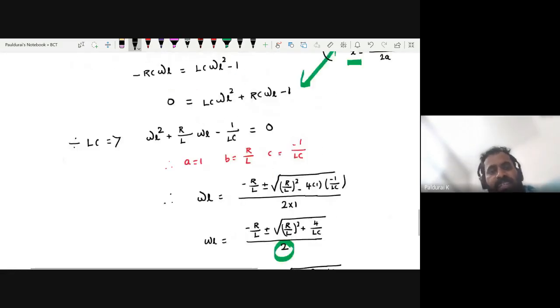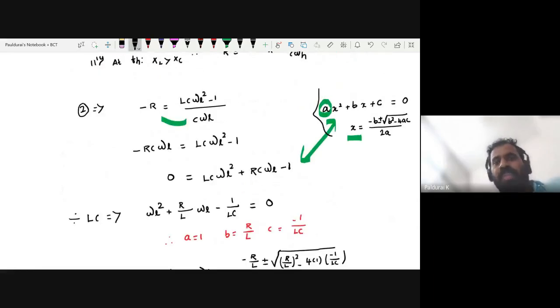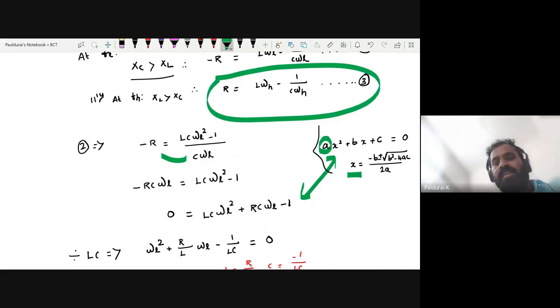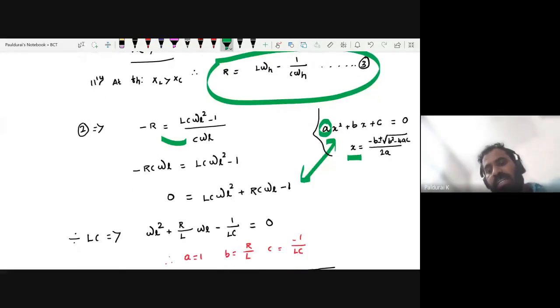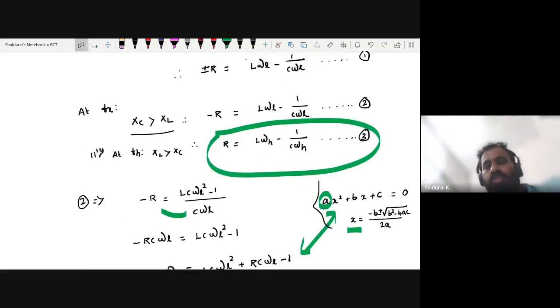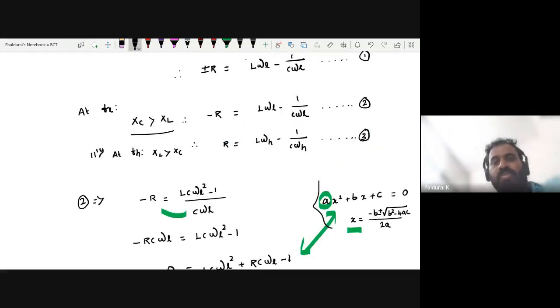Actually I started from equation number 2. If I choose equation number 3, what could be the value for omega H? Any idea? From equation 3, similarly, if we derive omega H, what will you get? What is the difference between equation number 2 and 3?